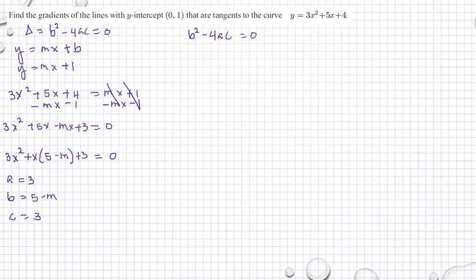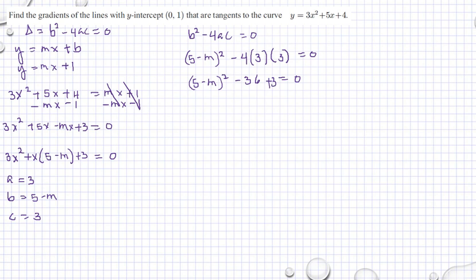Our b squared is (5 minus m) squared, minus 4 times a is 3, c is 3 also, is equal to 0.